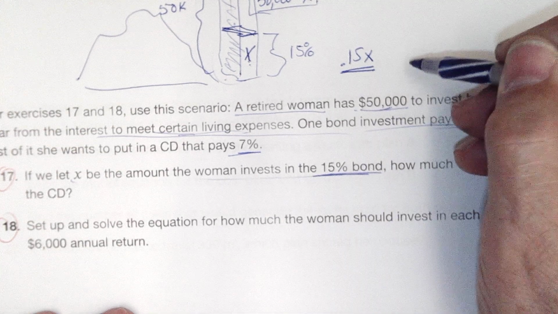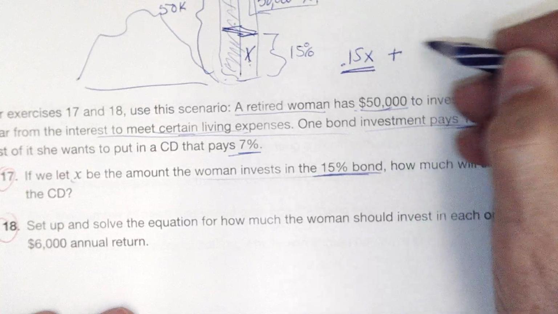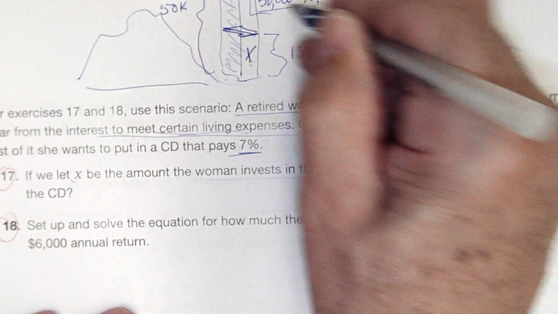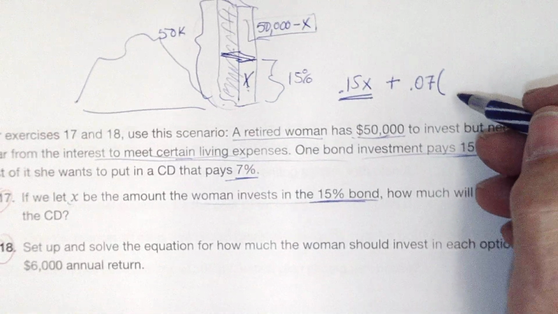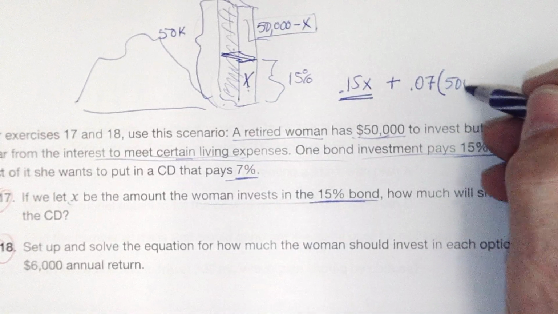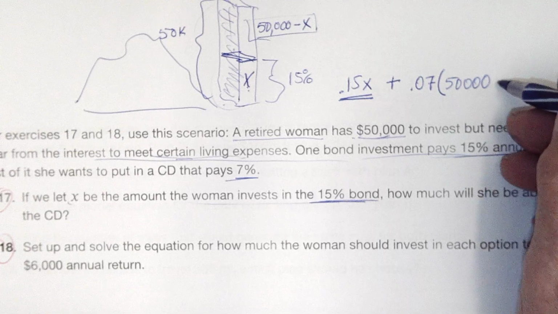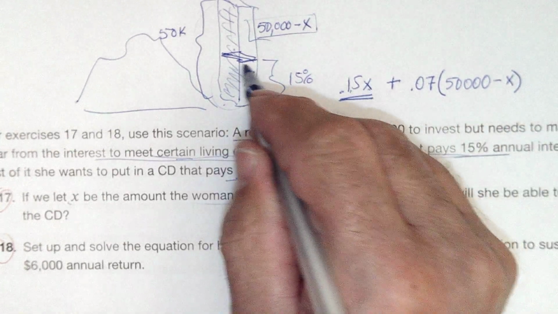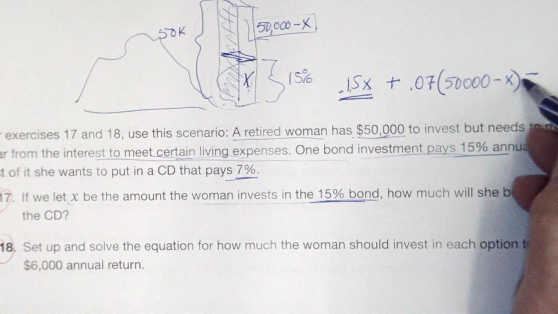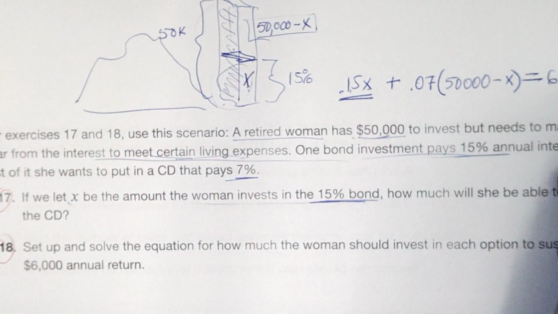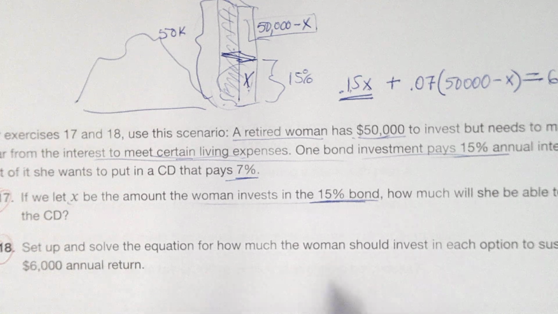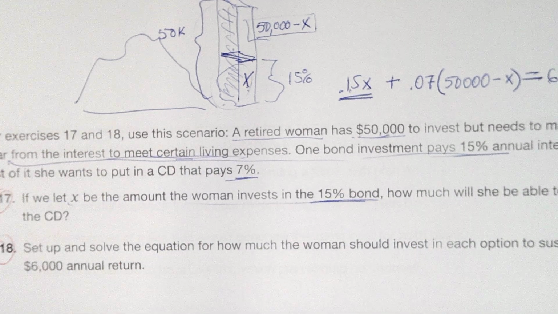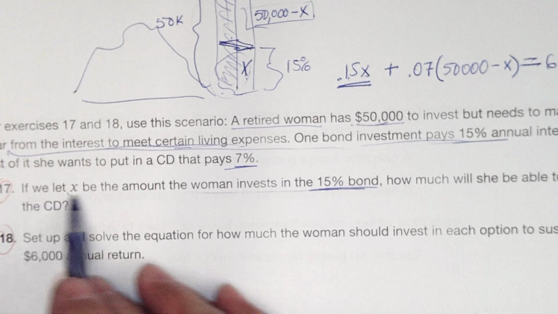And so the total interest she's going to have is 7% of this and 15% of this part, and that has to come out to be $6,000 to meet her certain living expenses.